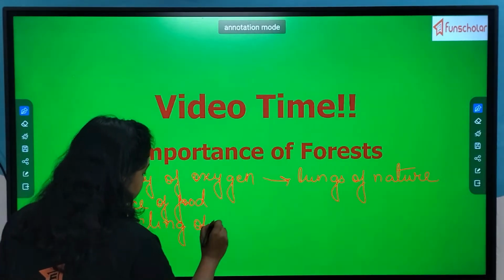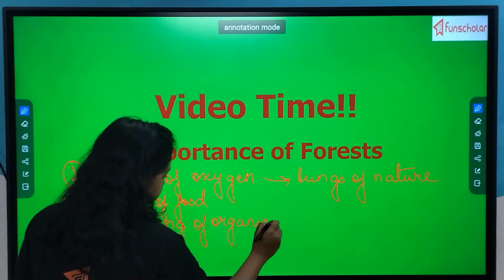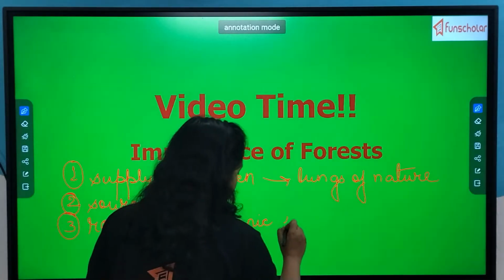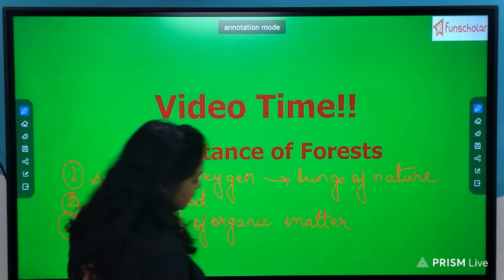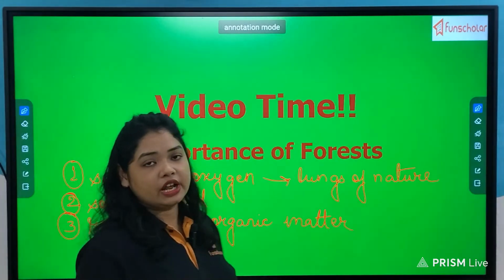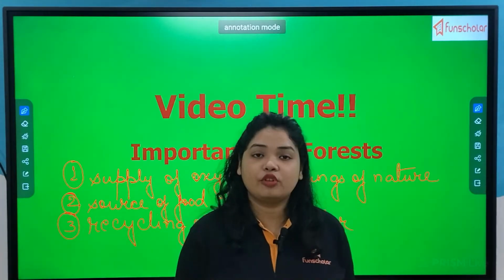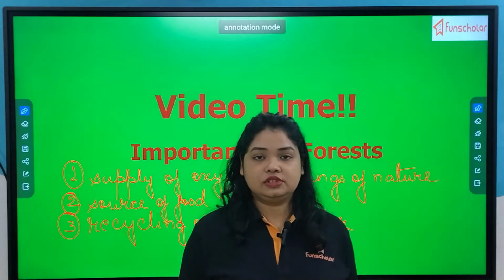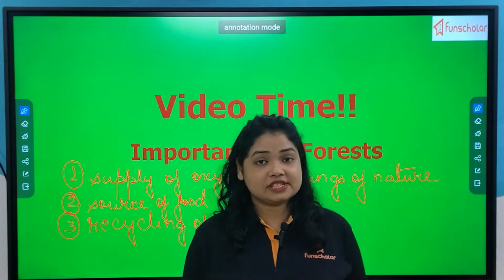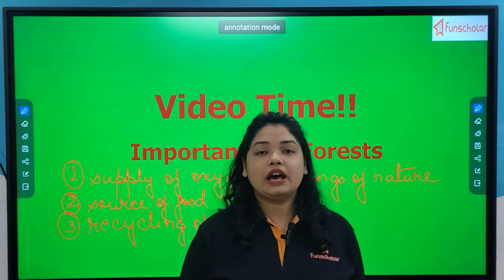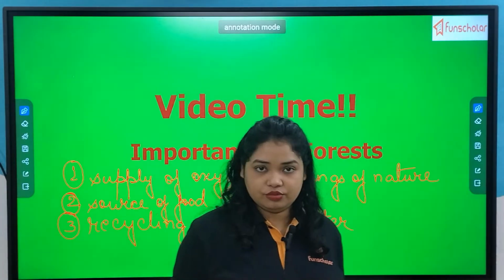Recycling of organic matter. When any living organism, be it a plant or animal, dies, the decomposers present on the forest floor will decompose the body and release the nutrients, which will be mixed into the soil and taken up by the live plants and trees, and then again the cycle will continue.